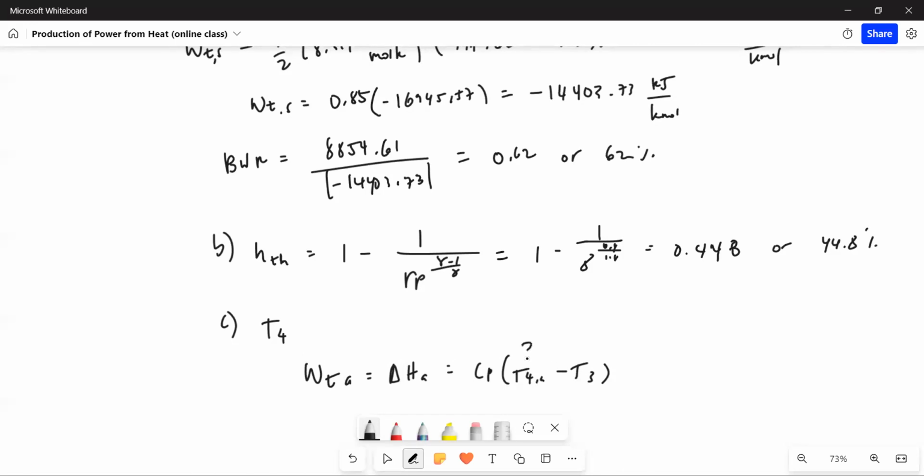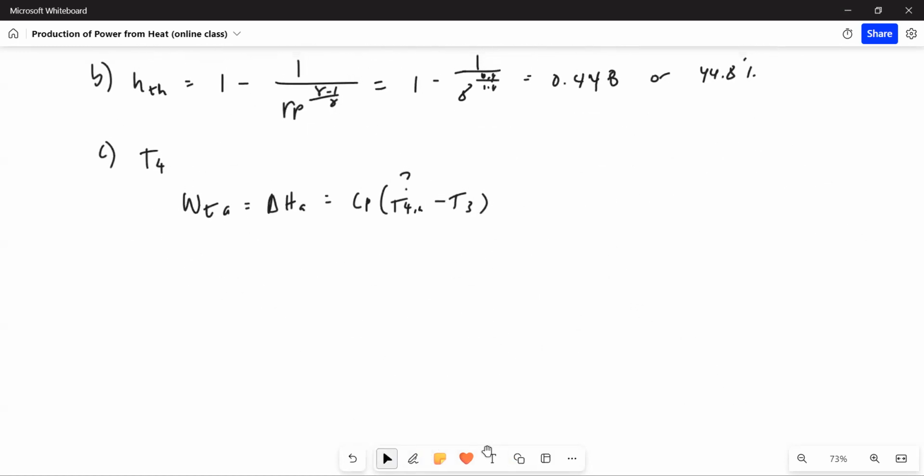We don't know the T4 actual, but we know the rest of the values, right? Because we calculated the work turbine actual earlier, negative 14403.73 kilojoules per kilomole.